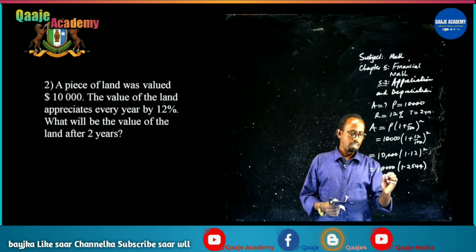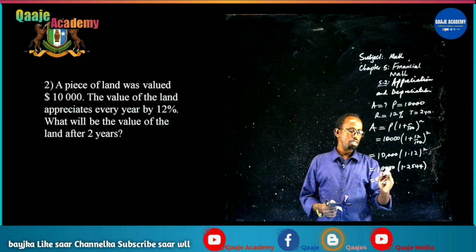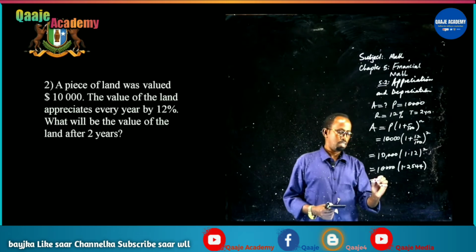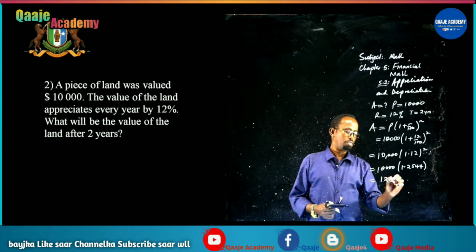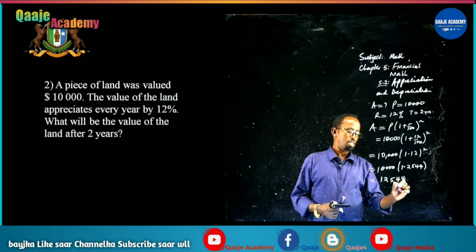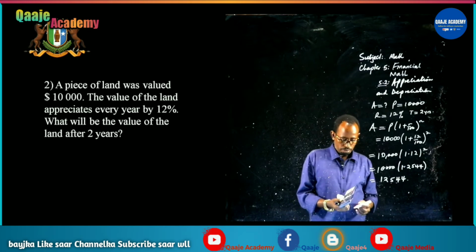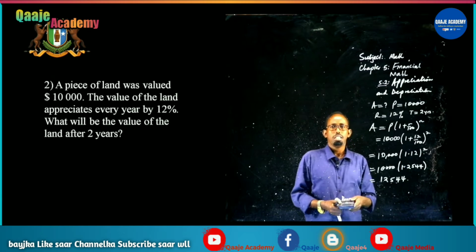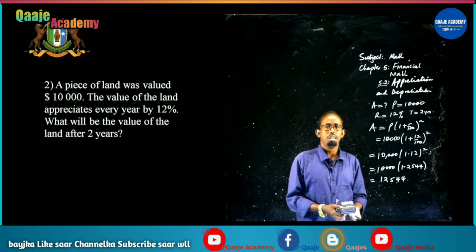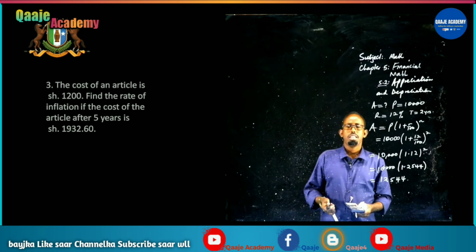So I multiply by 10,000. So 4 zeros cancel the 4 decimal places. So the answer will be 12,544. That is 12,544.